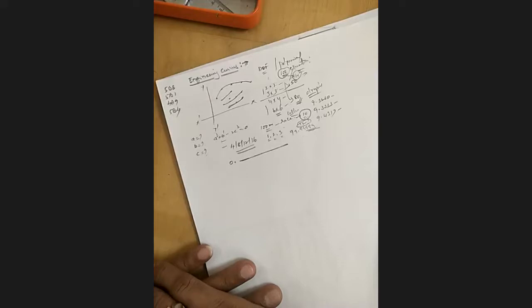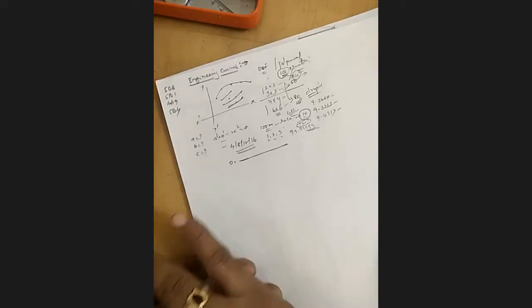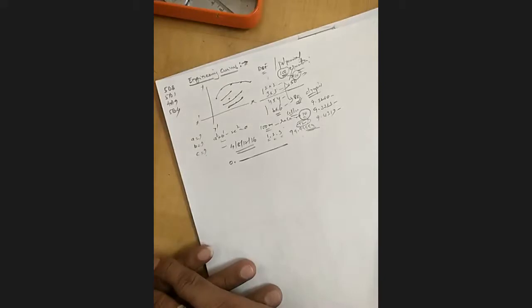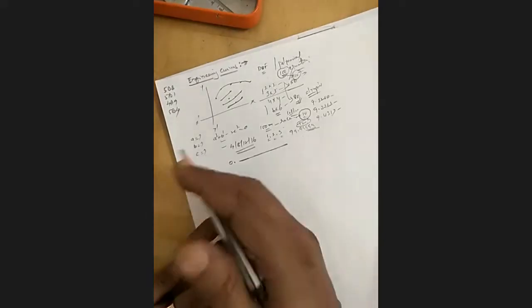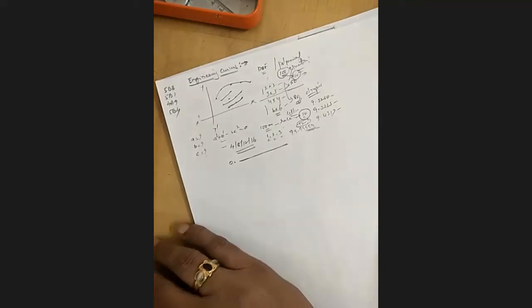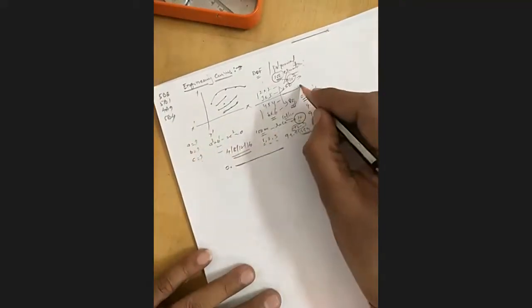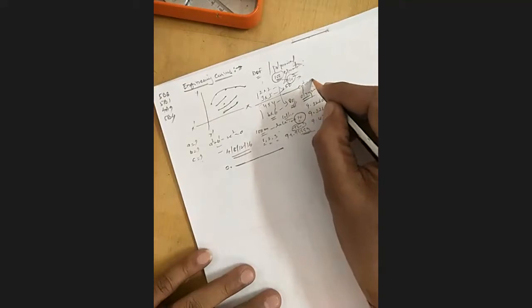Very simple. We are engineers, very complex people. We will give some technical name and feel that we are doing something. Nothing. The simple word is repetition. The same work we will repeat several times until we get optimistic results.